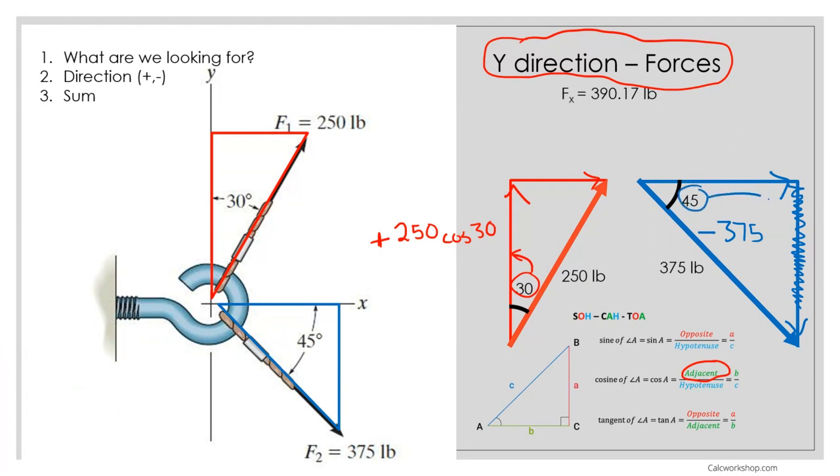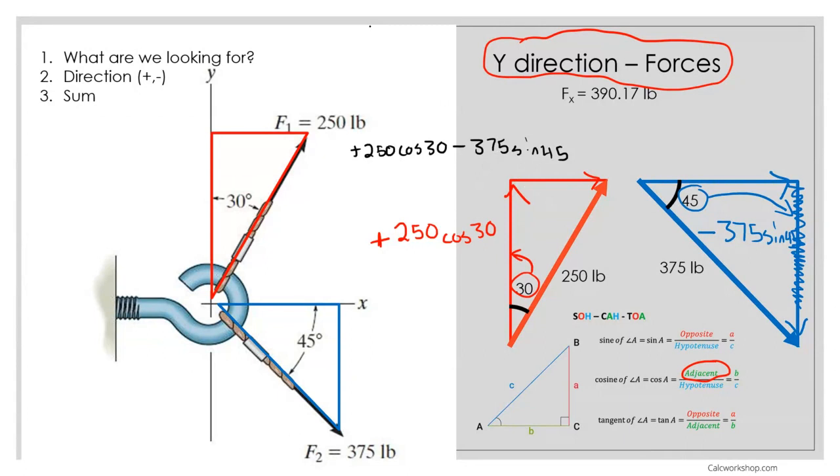This angle is opposite to the side that we're looking for, so sine of 45. I know I kind of smushed it together, so let me write it out again. You have a positive 250 cosine 30 minus 375 sine 45. And that's what you're going to put in your calculator.